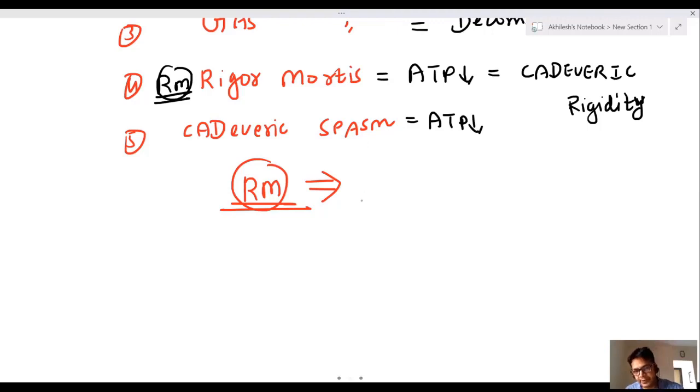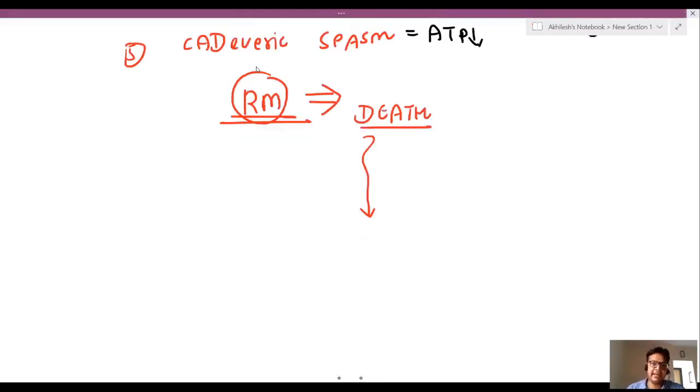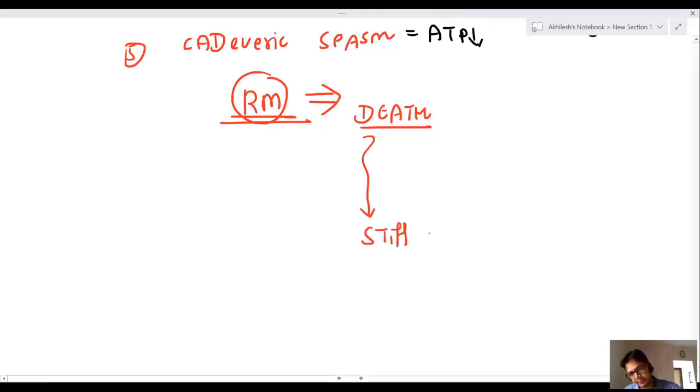Like this is the death point. After some time of the death, there is stiffening of muscle. This is known as rigor mortis.